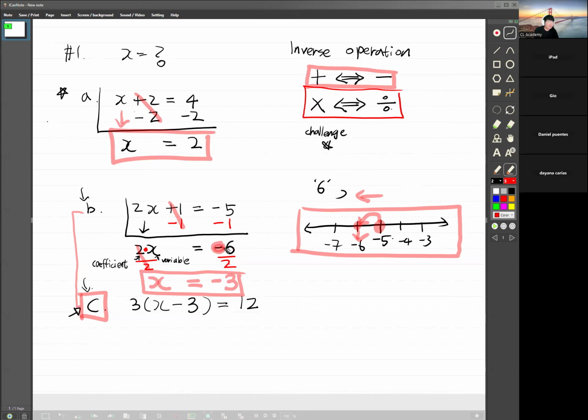If you circle it, you don't forget it. And Danny, your problem will be this. Try this one. That will be the hardest problem. And then everyone else, try C.